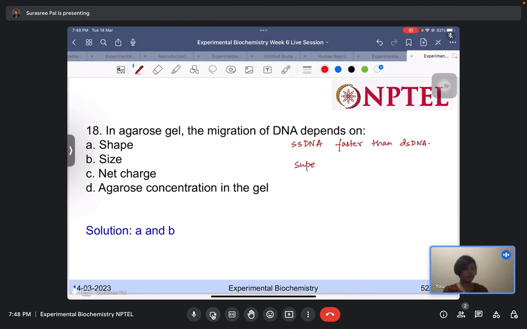So supercoiled DNA will again move faster than linear DNA, and will form a band lower than the linear DNA. So both the shape and the size, which means how many bases are present in the DNA, those two factors will determine the migration of DNA.